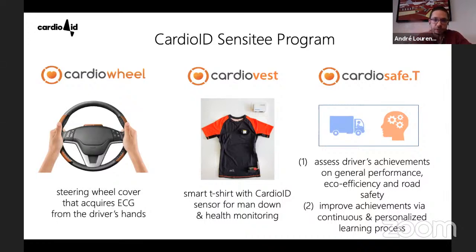Then we have also the possibility of monitoring the ECG with smart t-shirts that are more used, and there are several providers. We have also a technology that can be included in a t-shirt, and we have the CardioVest.